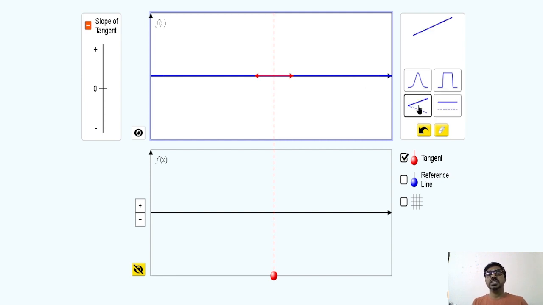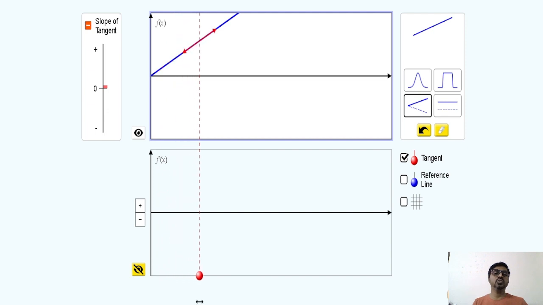But let's go for the other command, where the straight line can be turned up or down. Up means a counterclockwise rotation. We call it an upward sloping line. Whenever you have an upward sloping line, you see that the slope is positive. You see that the slope is positive and constant.